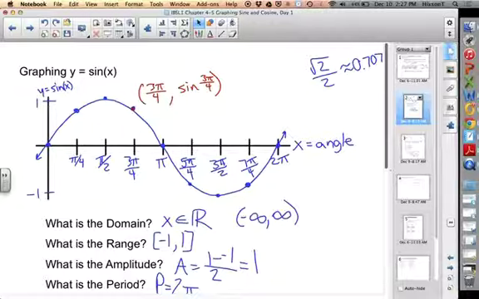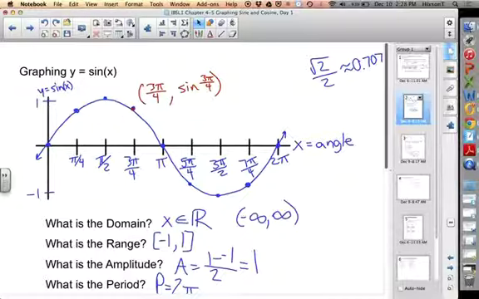Pi over 2 is going to be 0. Oh, you know what?